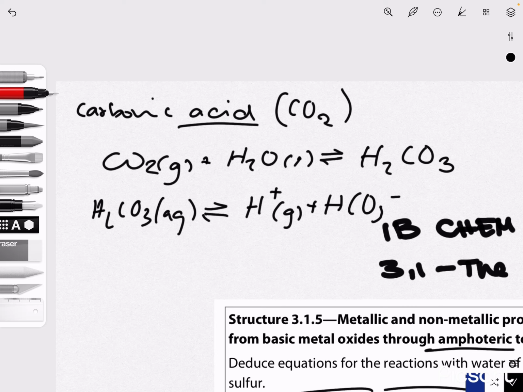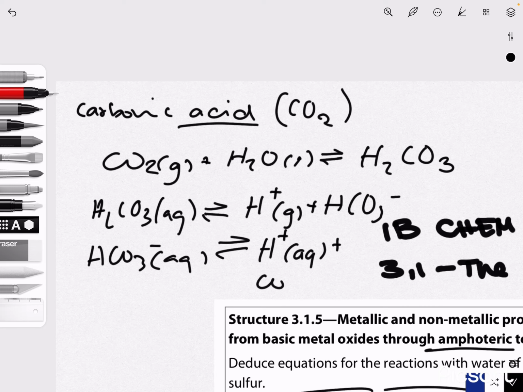And this then, HCO3 minus, can also form another reversible reaction to create yet another H plus ion and CO3 2-, which you might know is from our compound ions, carbonate. This right here, we can see, is going to be ever so slightly acidic.